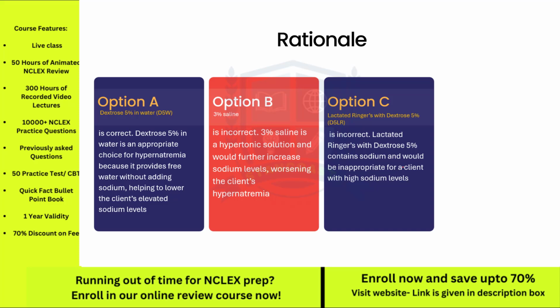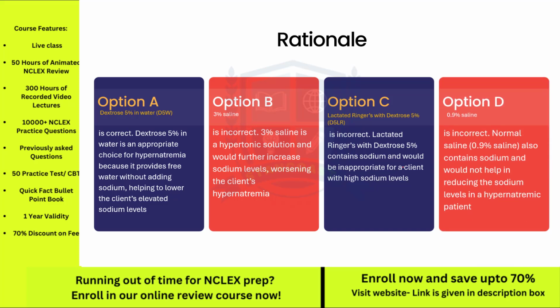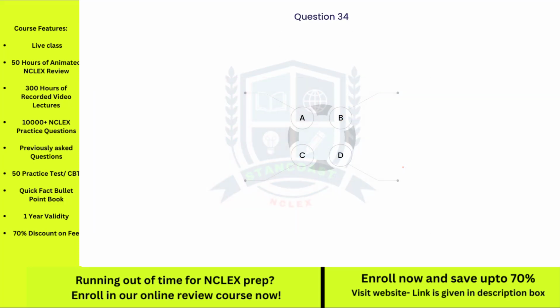Lactated Ringer's with dextrose 5% contains sodium and would be inappropriate for a client with high sodium levels. D is incorrect. Normal saline, 0.9% saline, also contains sodium and would not help in reducing the sodium levels in a hypernatremic patient. Let's continue to the next question.